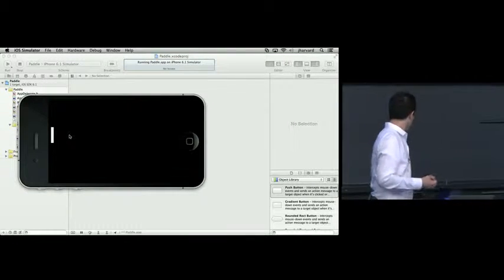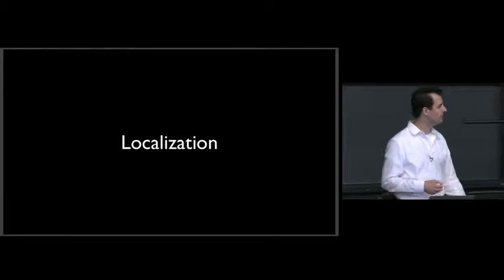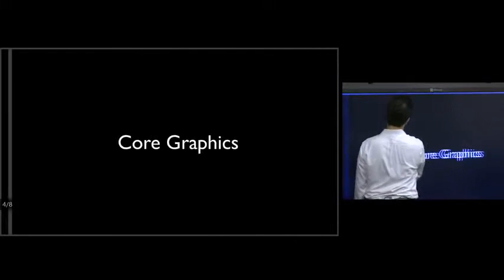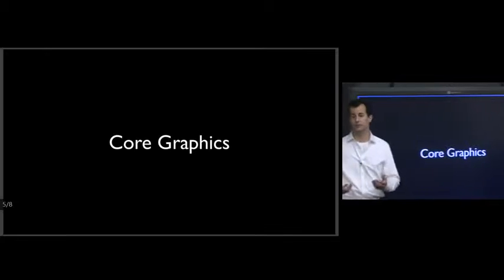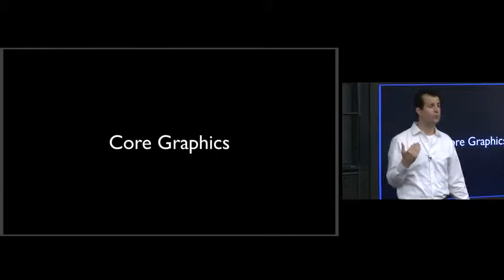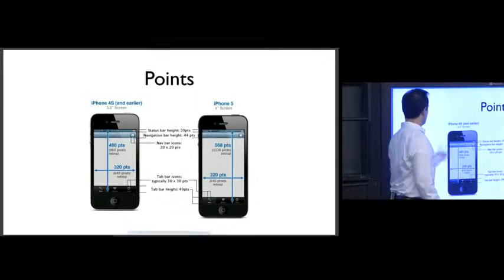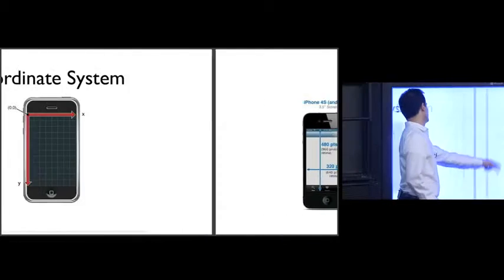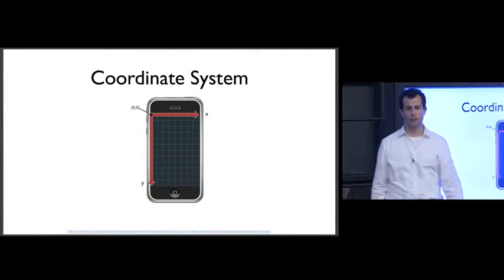But first, we need a little bit of context. So let me switch over here for just a moment, just to paint a picture of how your mental model should be when it comes to graphics. So Core Graphics is the context. We've seen this library included for every example we've done thus far, but this is the first night where we're actually using it. And what's worth keeping in mind is this coordinate system here.